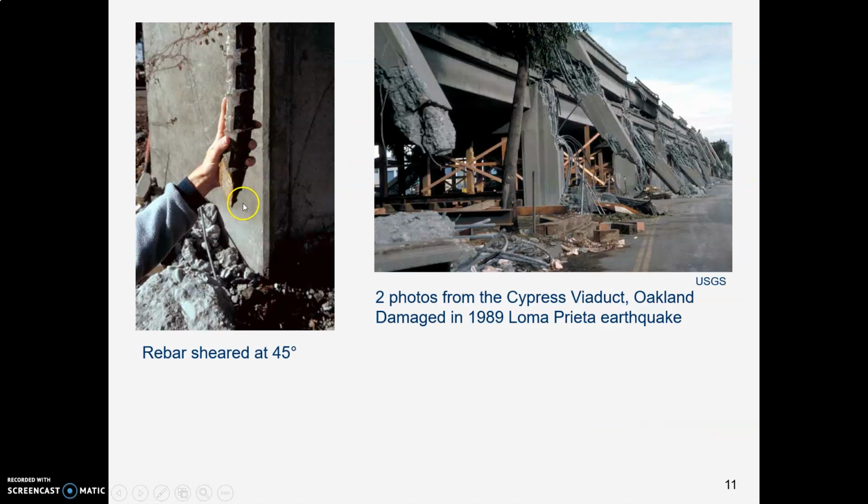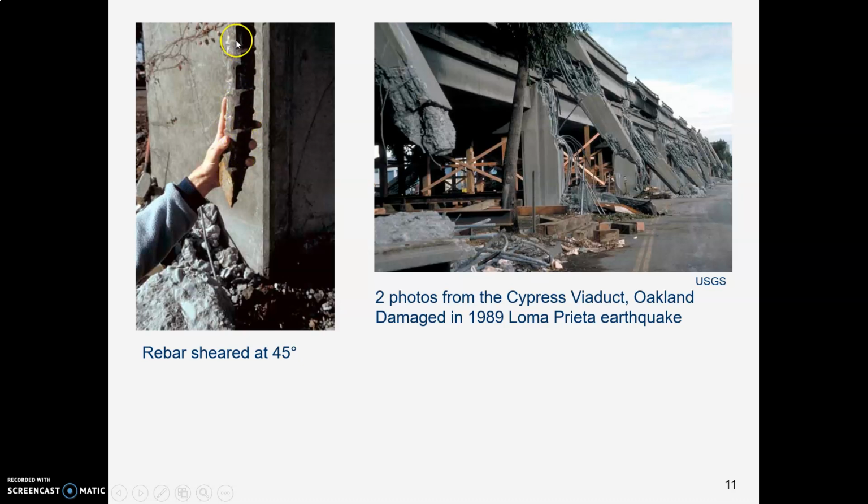And recall that when a ductile material fails in shear, the shear plane, the fracture plane, is at a 45-degree angle. And this picture on the left is a perfect example of that. Here is some steel rebar, and you can see that is a great big piece of rebar.